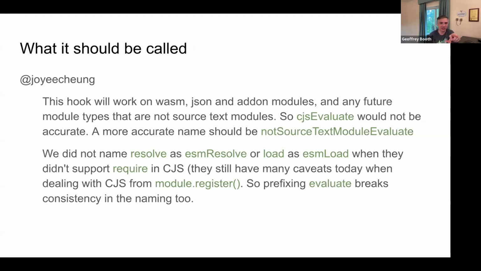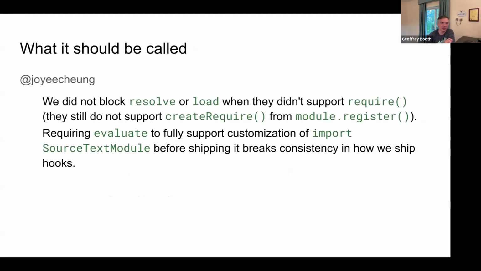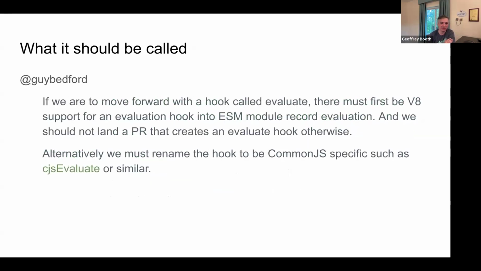If you go back to the slide with Guy's comment, he mentioned something about adding V8 support for an evaluation hook. I think what he's saying is that ESM should be the primary use case. I'm not saying I agree with this, but he's saying we shouldn't ship this unless it supports ESM, rather than ship it as defined here. I think he wants to be conciliatory.